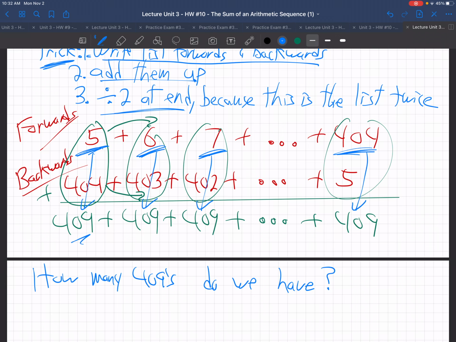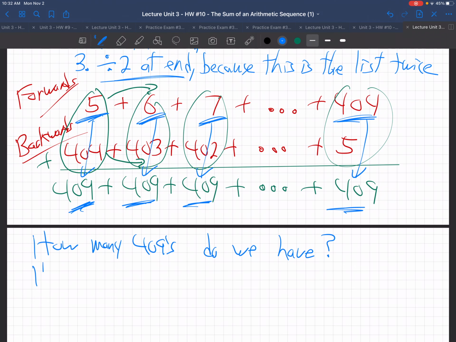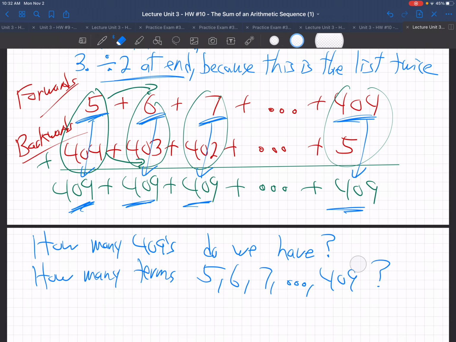So we have a 409 for every term in the original sequence. So the question really is, how many terms, 5, 6, 7, all the way to 404, because that's the last term. Every one of those terms ends up being a 409.